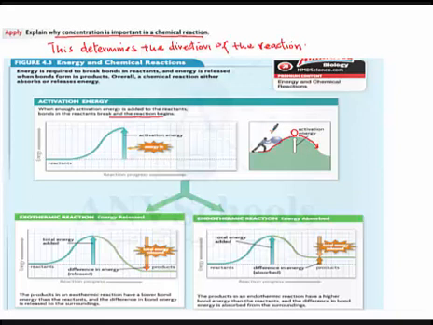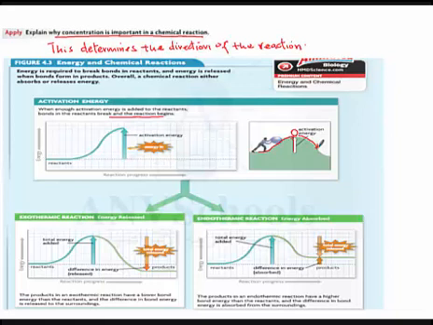This is the activation energy that lifts the ball, and the ball going down is the reaction.